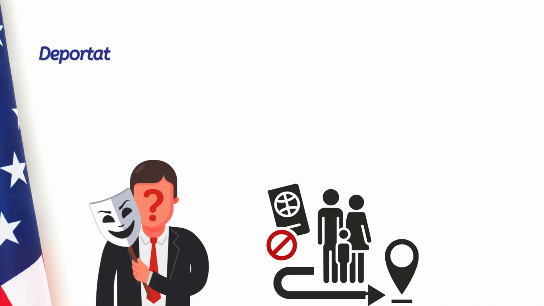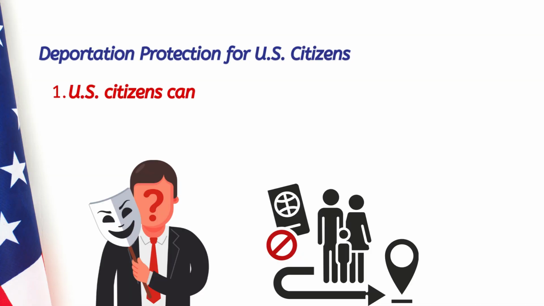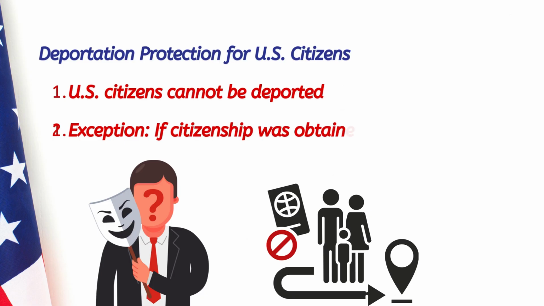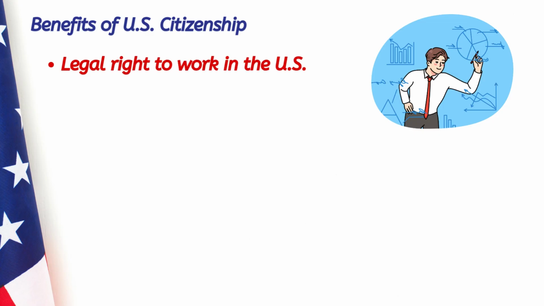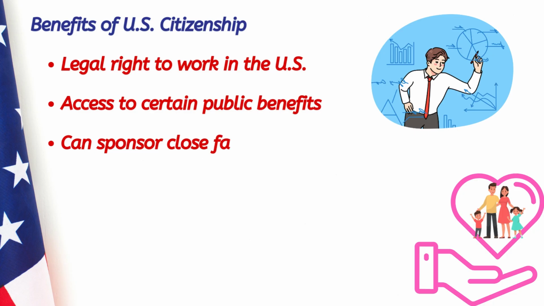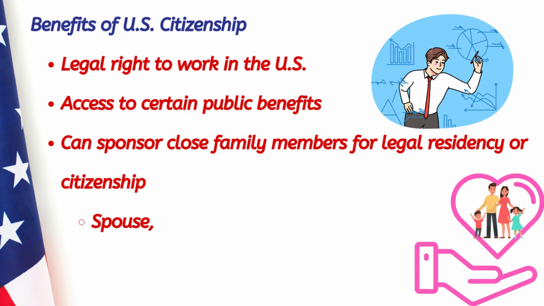US citizens cannot be deported unless their citizenship was obtained through fraud. And becoming a US citizen allows these immigrants to work legally, receive certain public benefits, and sponsor close family members like spouse, child, parent to become legal residents or citizens too.